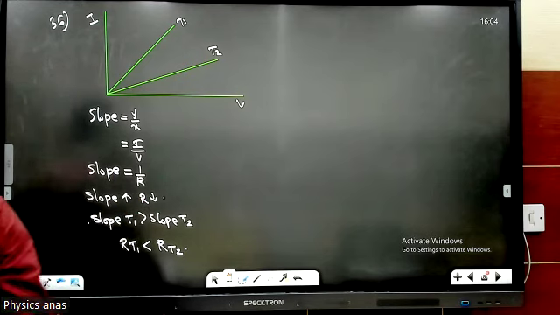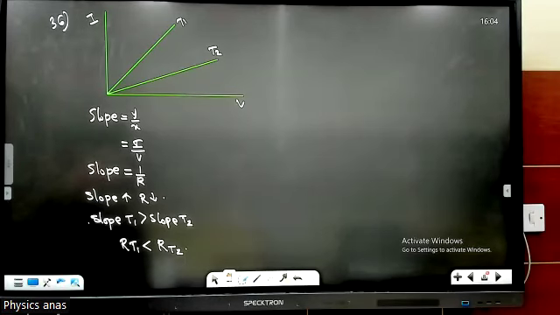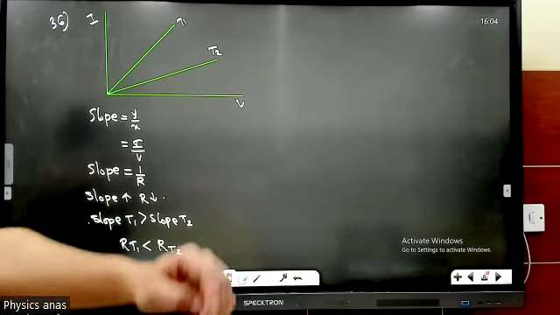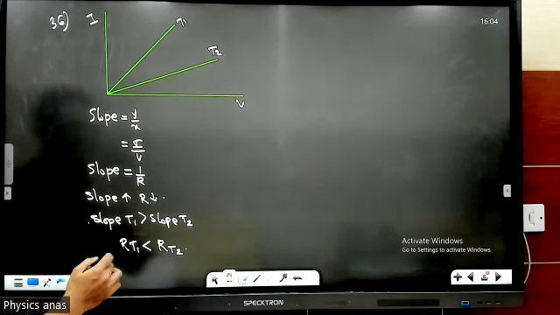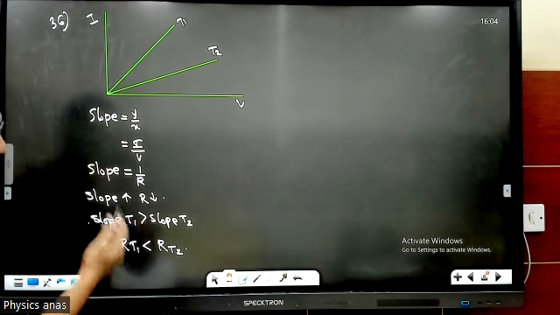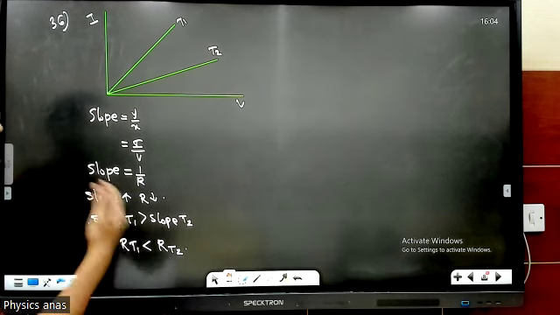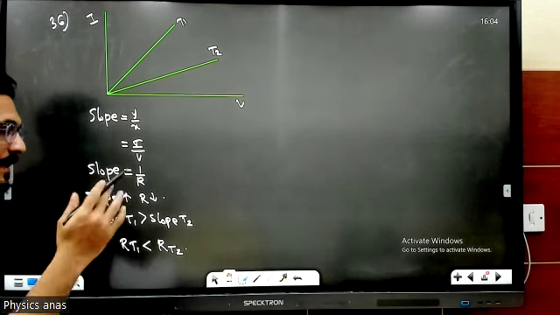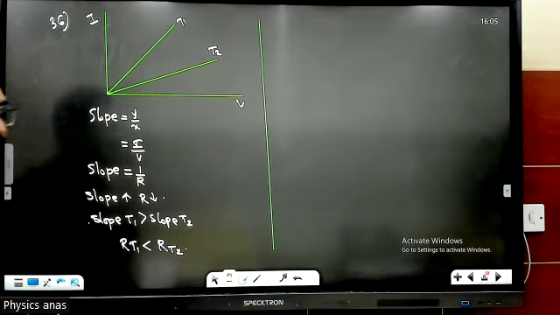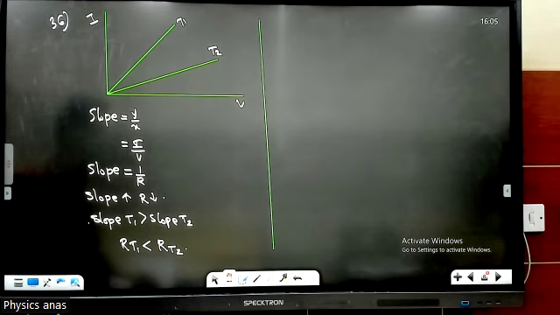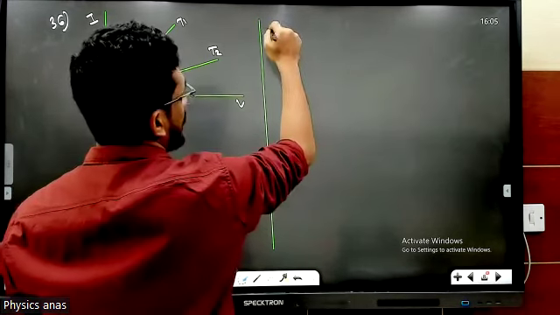And what is the question? Which of the two temperatures is lower and why? Resistance of T1 is lesser, resistance of T2 is greater. What is the relation between resistance and temperature? Directly proportional.